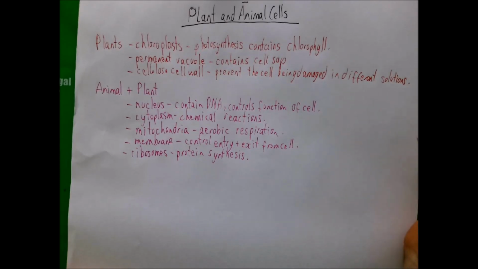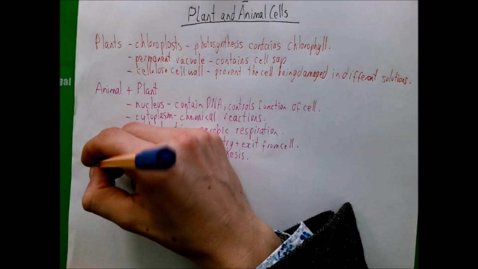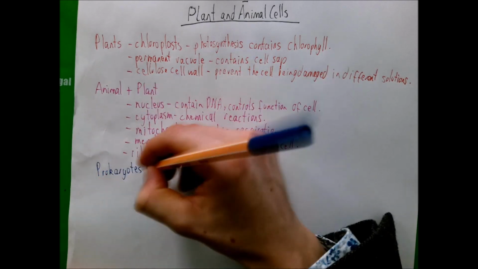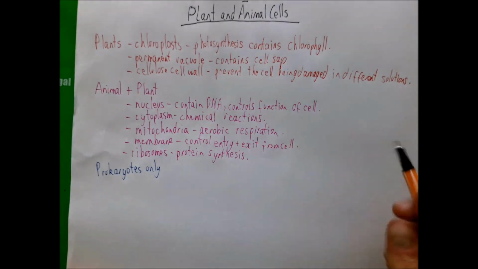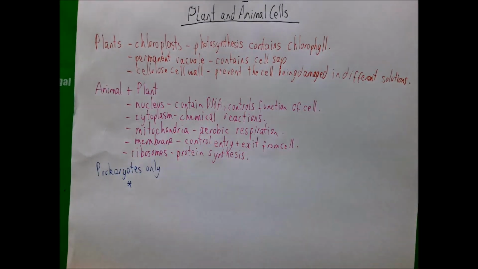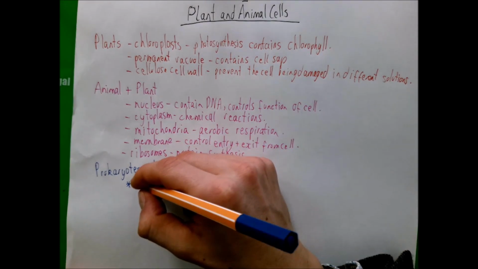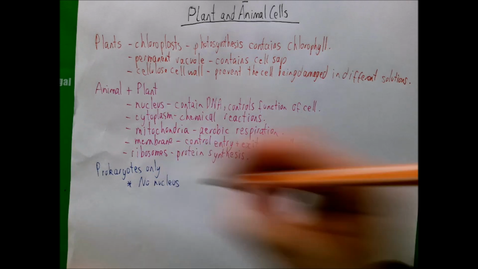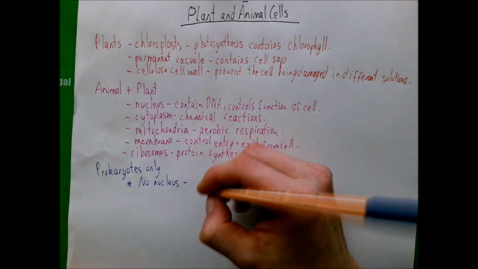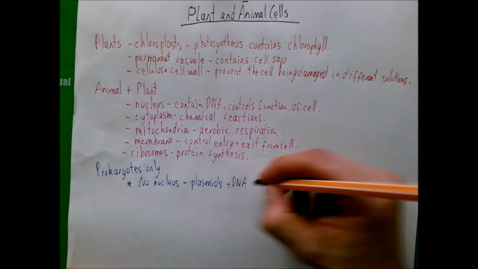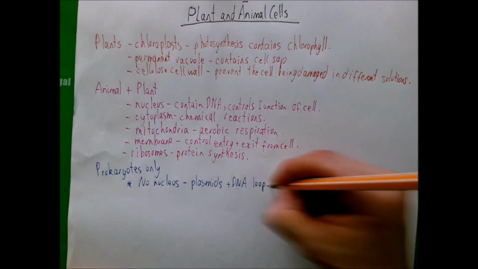And just finally, there are a couple of structures which you only find in prokaryotic cells, so things like bacteria. The differences are that in prokaryotes you get no nucleus, because that's only found in eukaryotic cells. What you get instead is plasmids and a DNA loop to contain the genetic material.